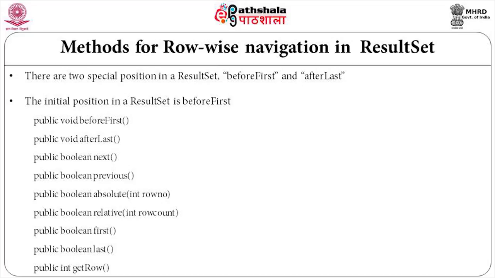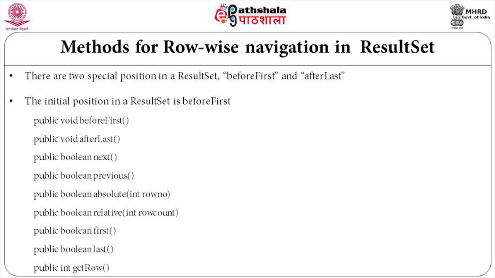And then we have methods like, if you want to go to the first row from the beginning, or rather move to the next row, a method called next. So if you are on before first and you say next, you move to the first row.